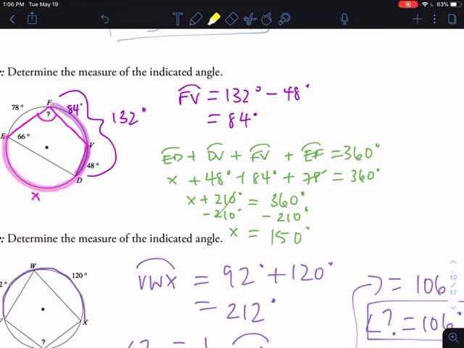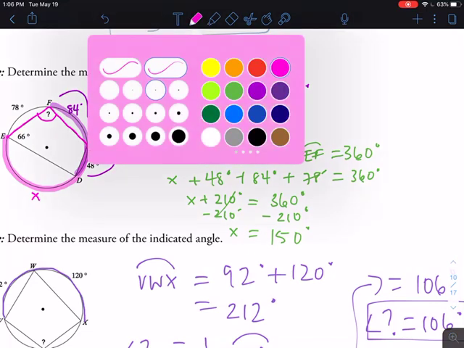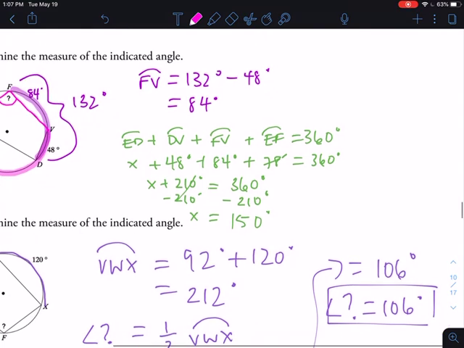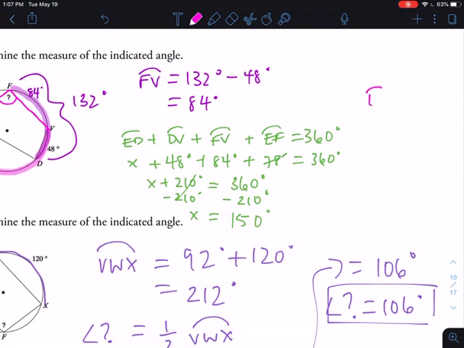Okay, so I'm going to go back to pink because that's relevant now. Okay, so we know that arc ED plus arc DV is equal to 150 plus 48. Okay, so that gives me 198 degrees.